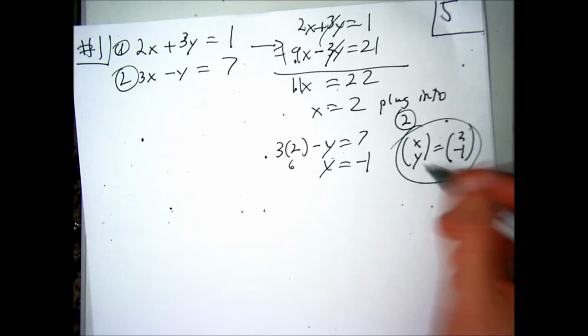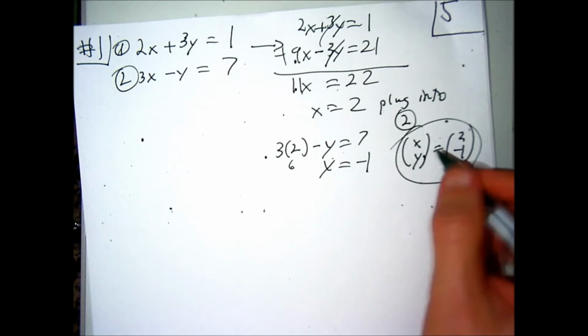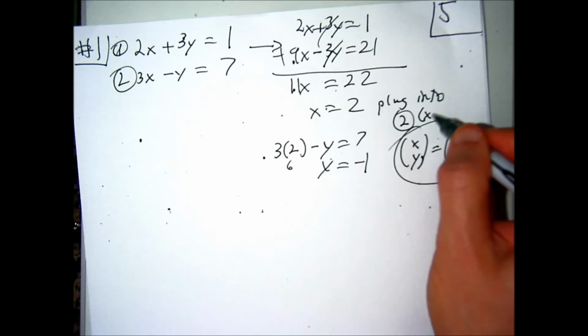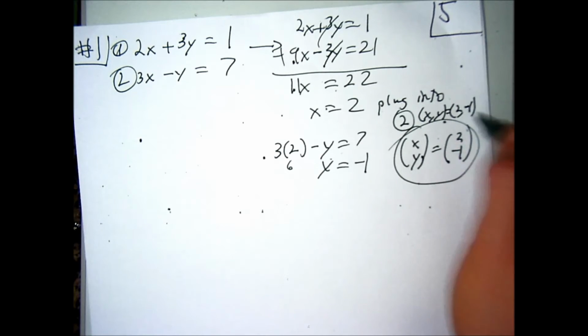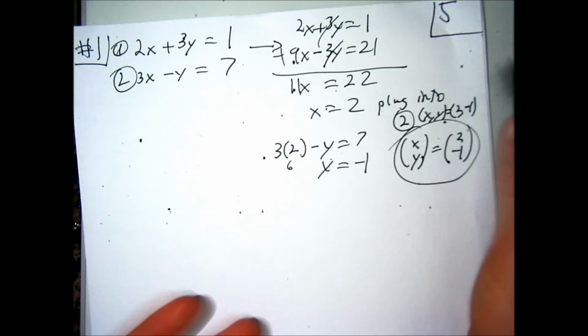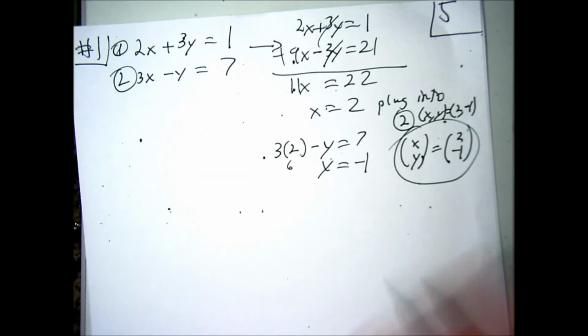And this is just a point. I mean, (x, y) equals (2, -1). I could write it this way or I could write it this way. I shouldn't say it's just a point, but it's basically like a point. It's a vector now, and we want to start writing it like this because we want to start thinking of things as column vectors.